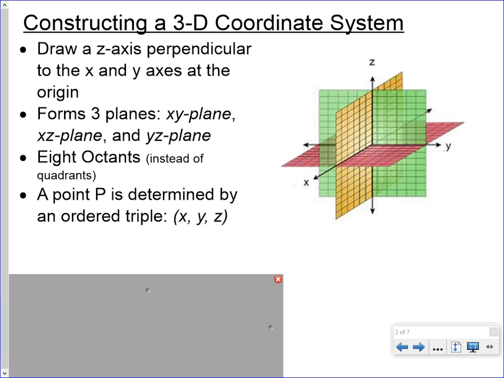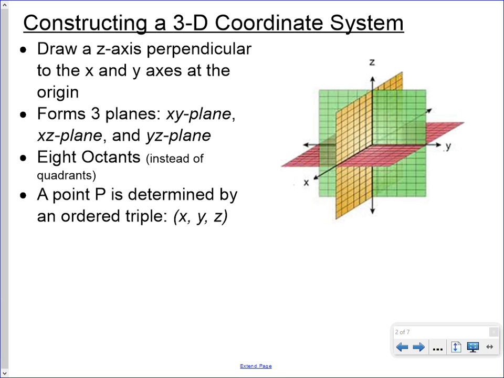In the perspective that the textbook uses, the directions for X, Y, and Z can change from what we know in the two-dimensional coordinate plane. So X was always left and right, Y was always up and down. When I talk about ordered triples, I always refer to X as a forward-backward movement, the axis that's coming at me.